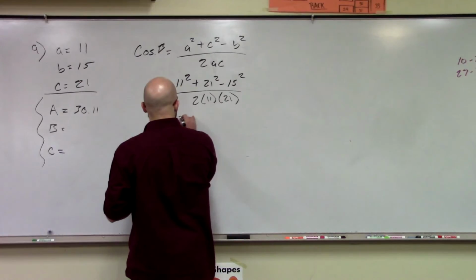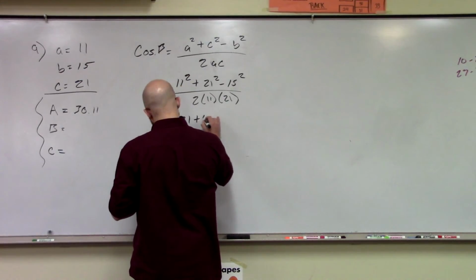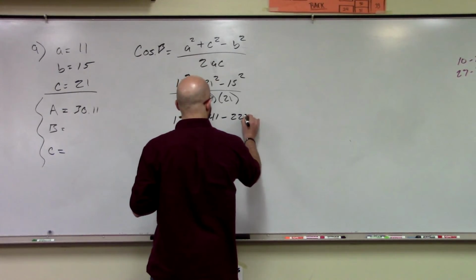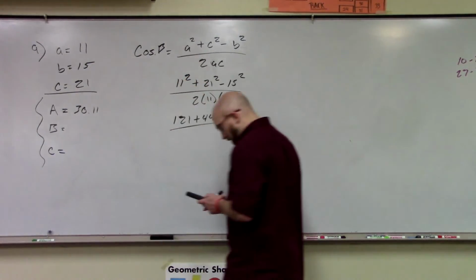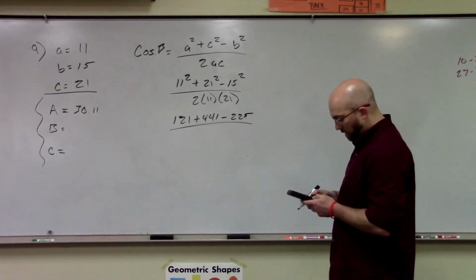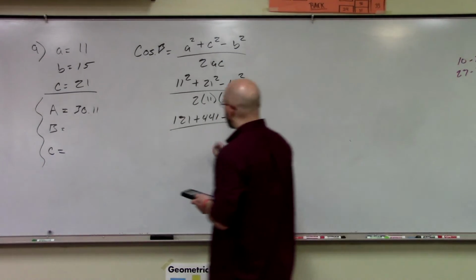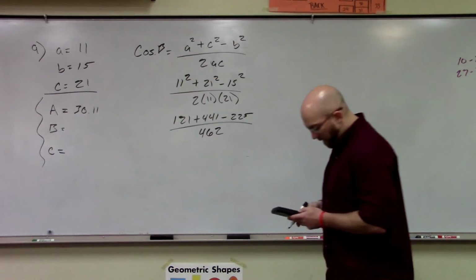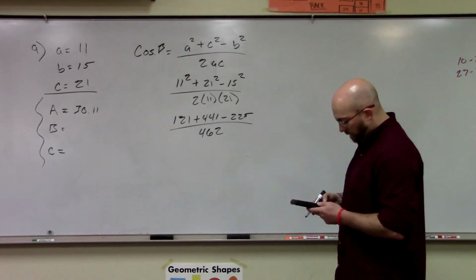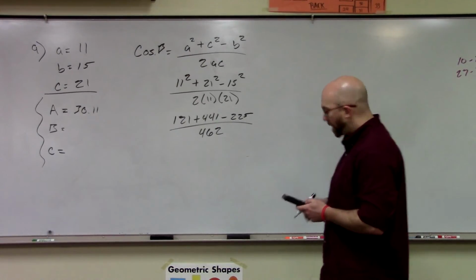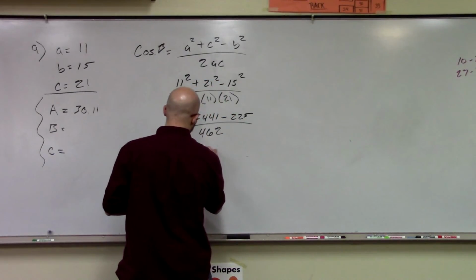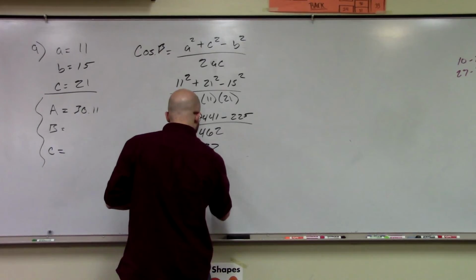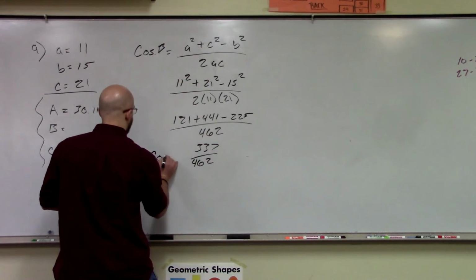So we're going to get 121 plus 441 minus 225 all over 462. All right, so let's go ahead and add all that up. We get 337 over 462. And remember, this is cosine of B now.